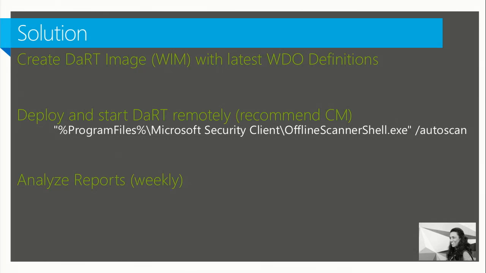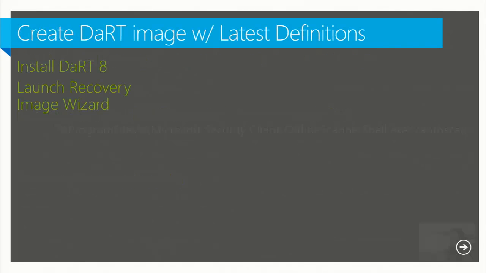Our recommendation, what we're going to show today, is the Configuration Manager solution. The key to that, of course, is this line, and we'll get into that. But remember, that's a key line for how to automate this. Then you need to be able to take those log files, pull them back, and generate a report. We're going to show you how to do that.